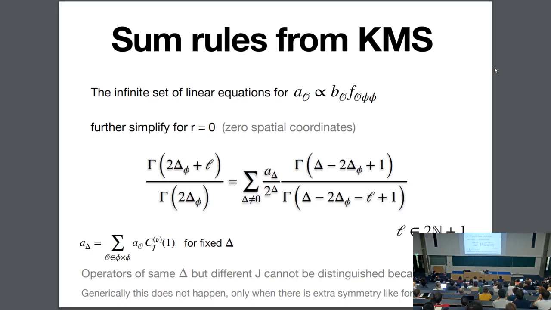There is only one catch when you set the spatial coordinates to 0: operators with the same conformal dimension but different spins will sum in this form. However, usually this does not happen in generic theories, that operators with different spin have the same conformal dimension. This happens in free-type theories. But then we know how to solve it and we can take care of it.